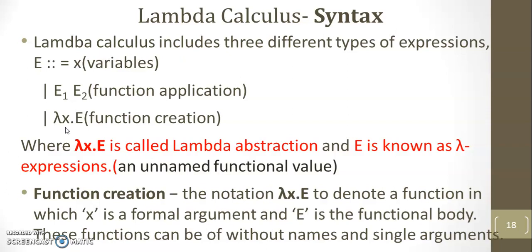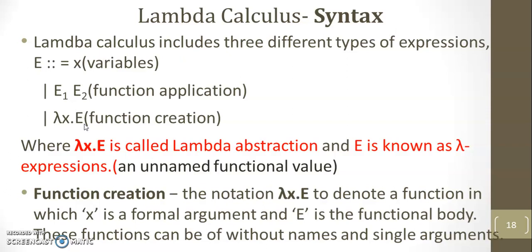So here in function creation, it is given like lambda x dot e, in which lambda x dot e will be called the lambda abstraction, and e will be known as the lambda expression. And this lambda expression can be any unnamed functional value.